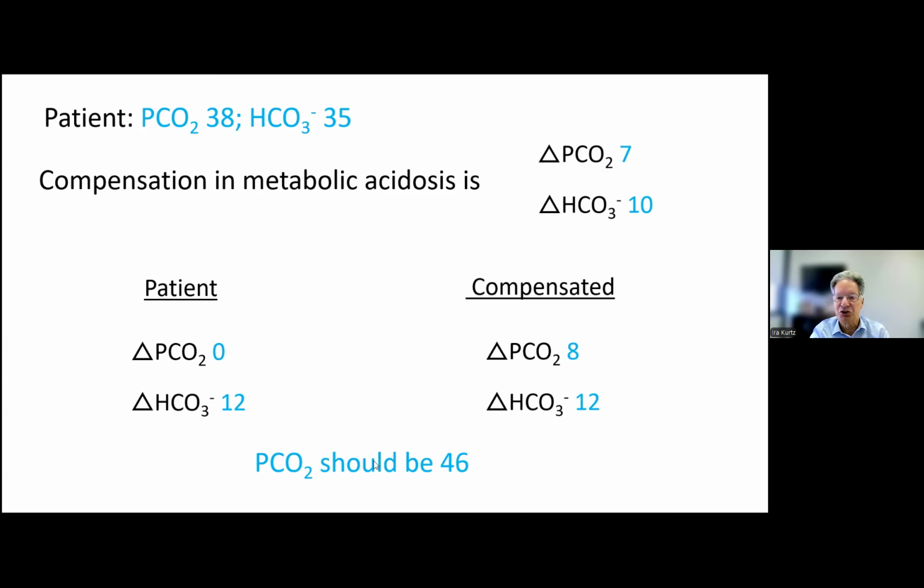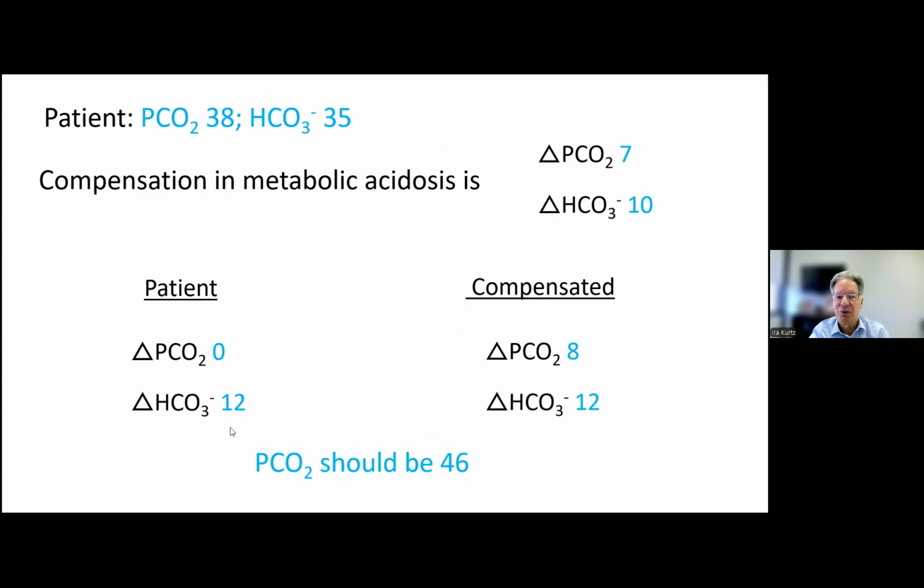So the PCO2 should have been 46, should have changed by 8, starting at 38 in a female. That would be the normal PCO2. So a delta of 8. So we should have seen numbers of 12 higher than normal for the bicarbonate and 8 higher for the PCO2. So the bicarb would have been 35 and the PCO2 of 46.